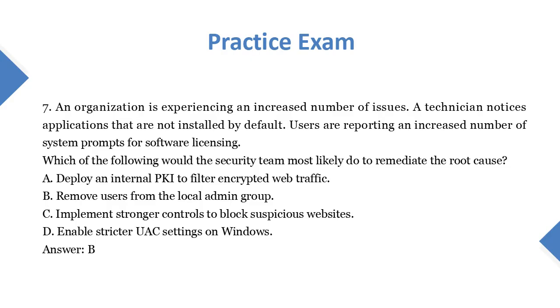A. Deploy an internal PKI to filter encrypted web traffic. B. Remove users from the local admin group. C. Implement stronger controls to block suspicious websites. D. Enable stricter UAC settings on Windows. Answer: B.